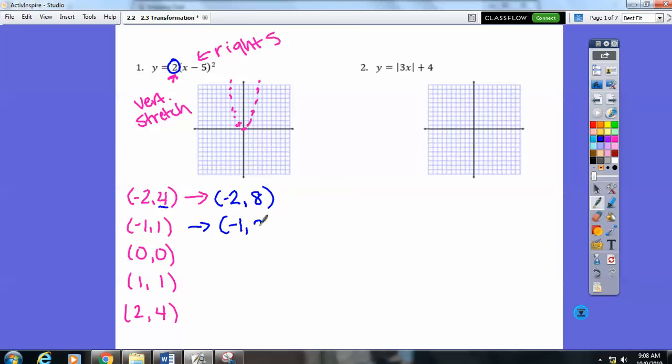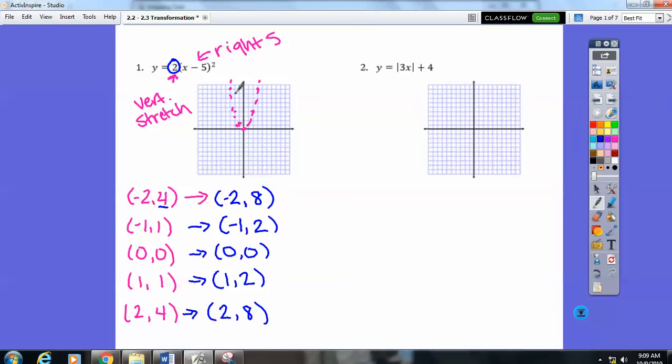Negative 1, 2. 0, 0. 1, 2. And 2, 8. Does everyone know where I got that list of ordered pairs? So it takes a little bit of time, but it's only on the stretching and shrinking ones, so it's worth it. Now we just need to plot those points.